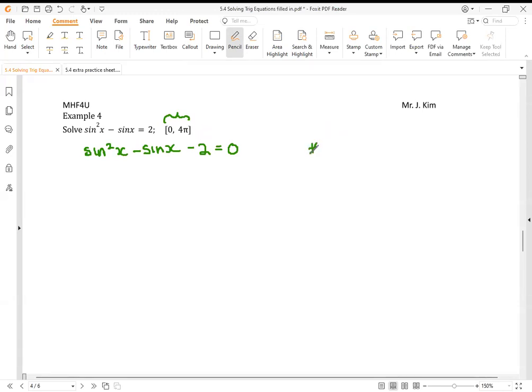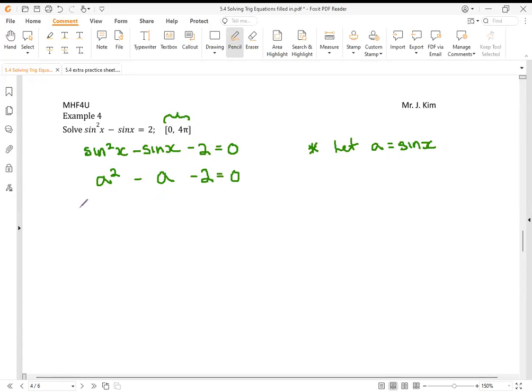Please consider how we have a square, power of 1, and a constant. Let a equal sine x. If that is the case, you know that this can be rewritten as a squared minus 1a minus 2 equals 0, and there you have it, we have a quadratic.